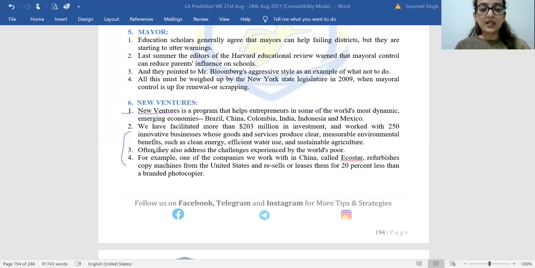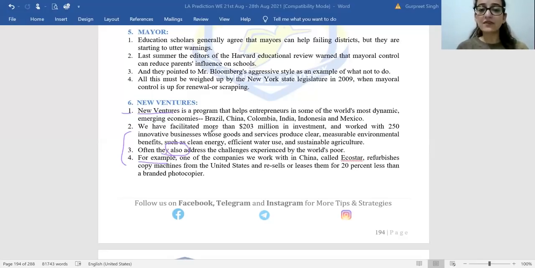Then why the second has come at the second place is because 3 and 4 cannot be there. The third one says "often they also address", and "also" is a very small but a very important word when we work on reorders. "They also address" means there should be something done first, and then "also" means the secondary thing also done. And the last one says "for example". So once we talk about something, only then we'll give the example of something.